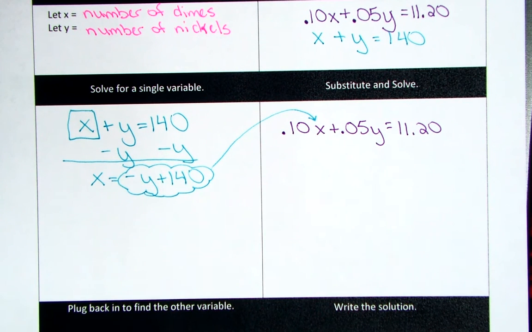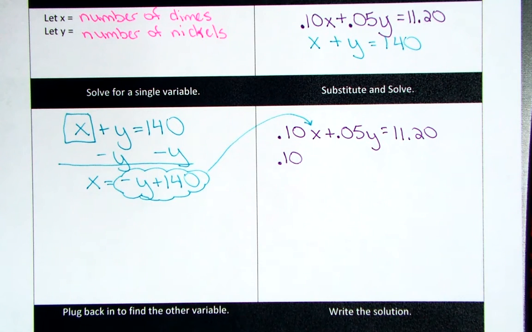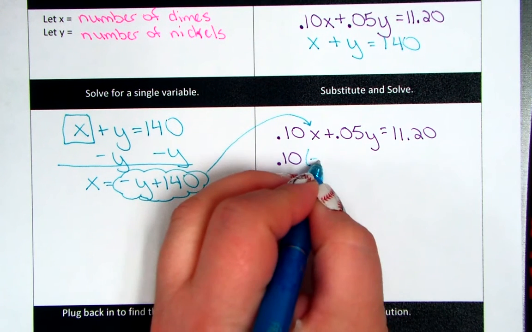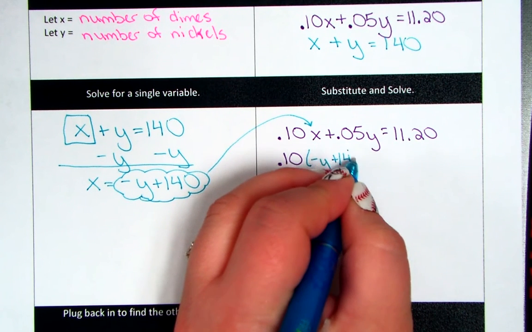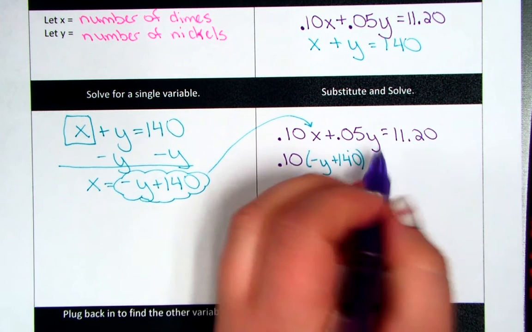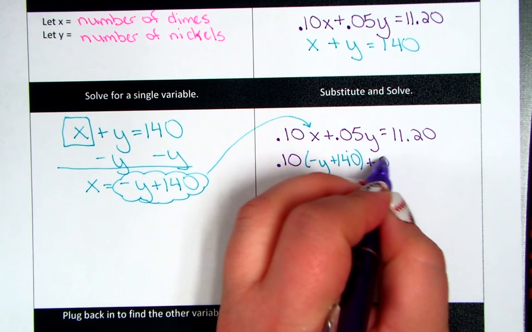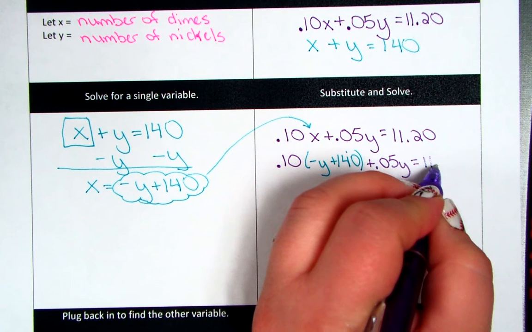So 0.10 times negative y plus 140, plus 0.05 y equals $11.20.